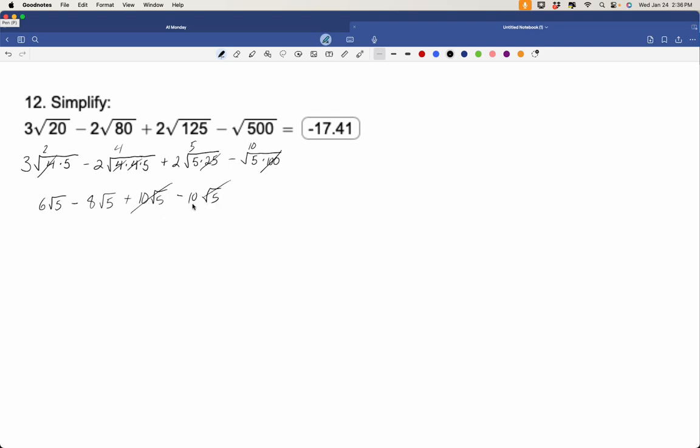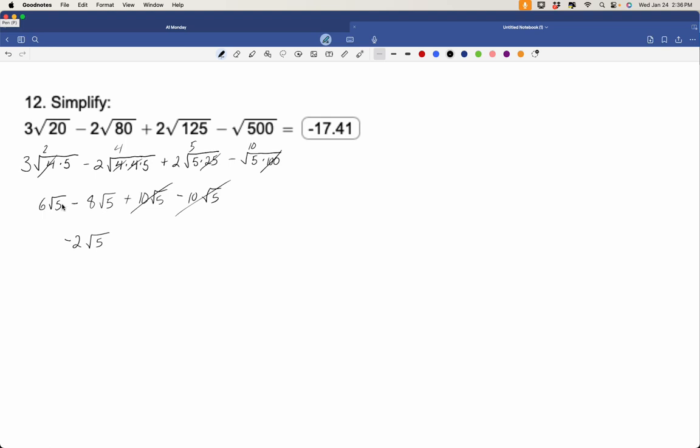Those cancel each other out. They're not even part of the problem. So here we have 6 minus 8. Both of them have the same radical. So what that's going to be is a negative 2 times the square root of 5, because 6 minus 8 is negative 2. And we can do that because they both have the same number underneath the radical sign. They're like terms.